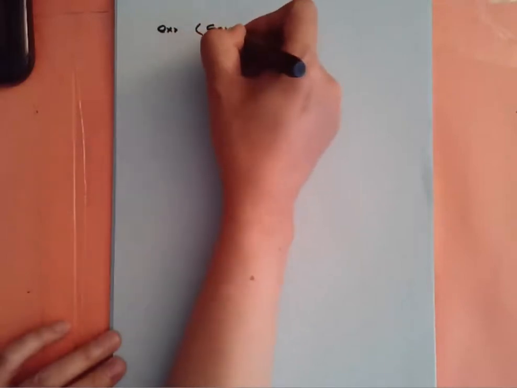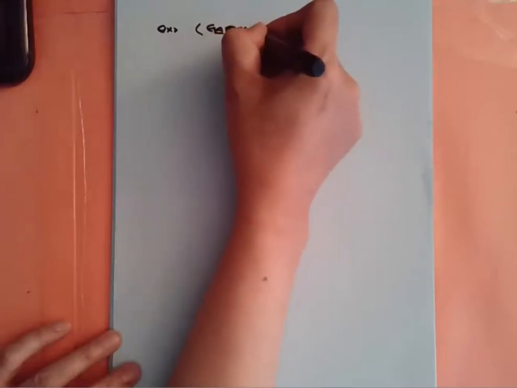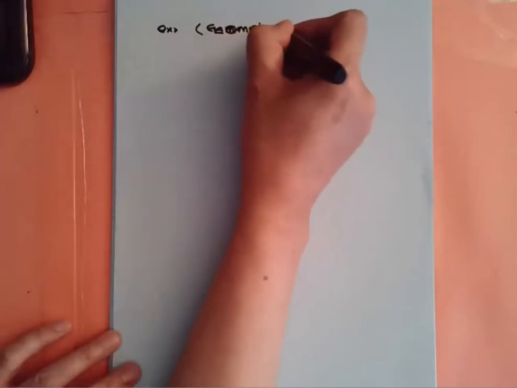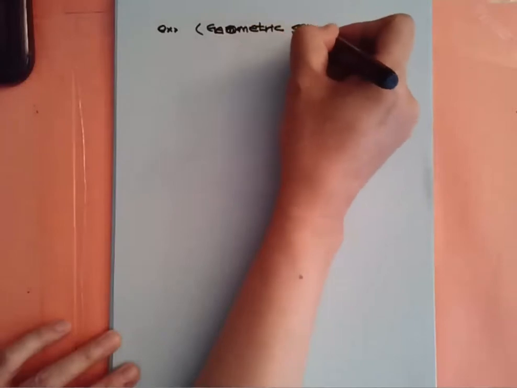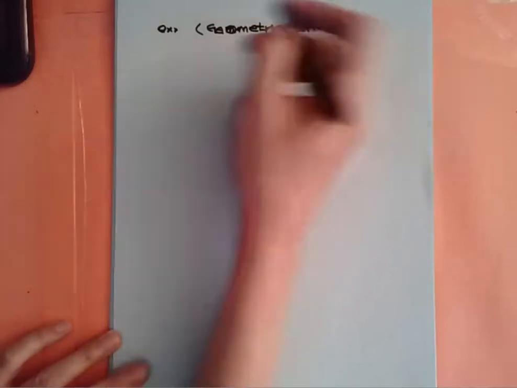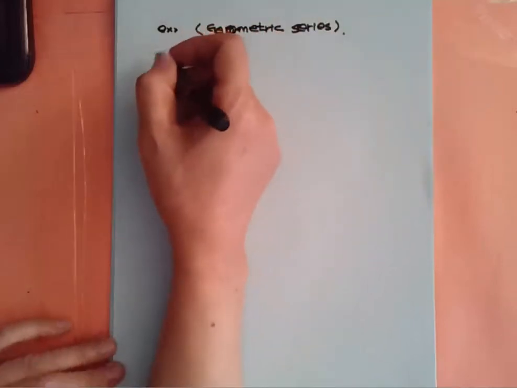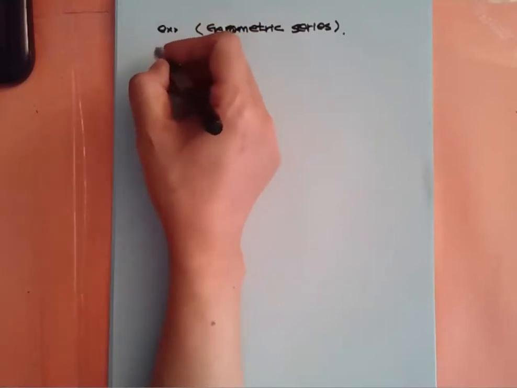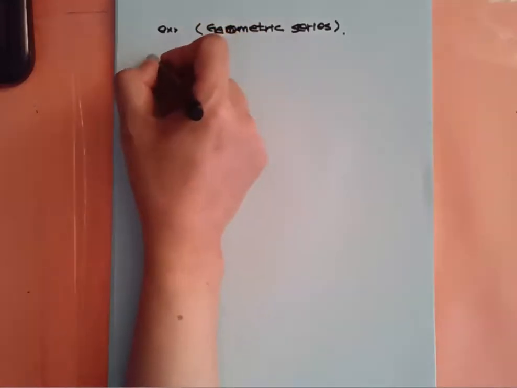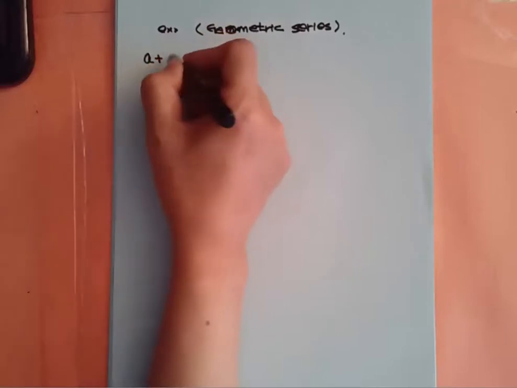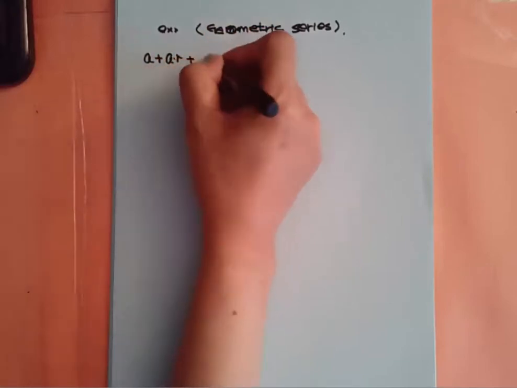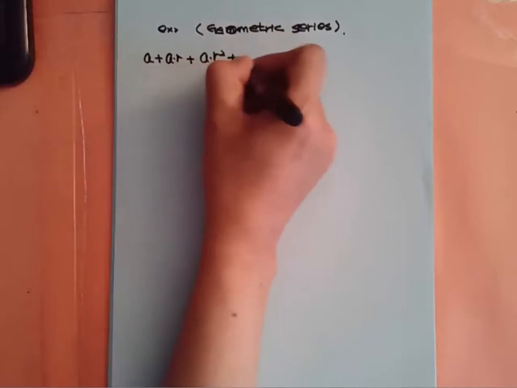The next thing I want to talk about is the geometric series. I believe you already learned about the geometric series and the formula, but let's review it. It is a plus a times r plus a times r squared and so on.